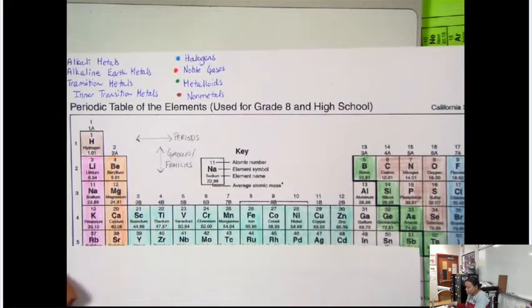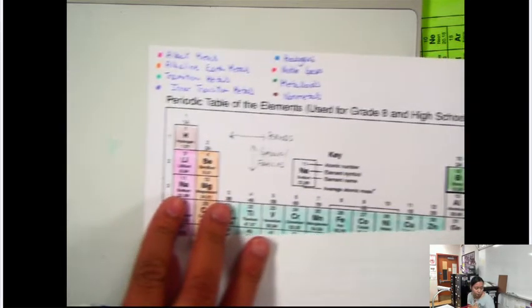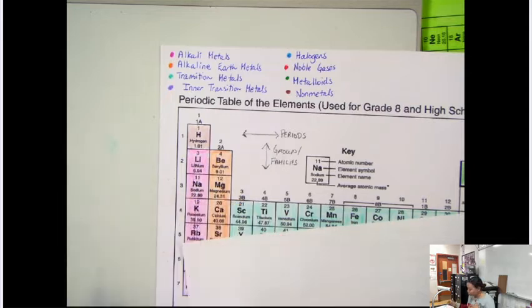Depending on what reference you are looking at, what textbook you are using, or questions on a test, it may refer to them with the numbers that don't have letters, or it may refer to the groups by the lettered group numbers. So make sure you have, again, groups. They're called groups or families when you're working down vertically.